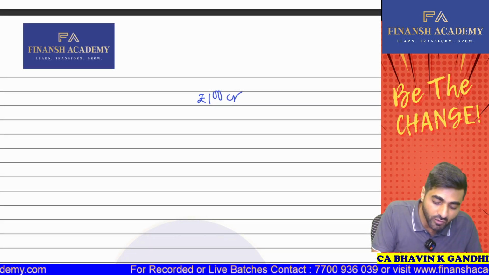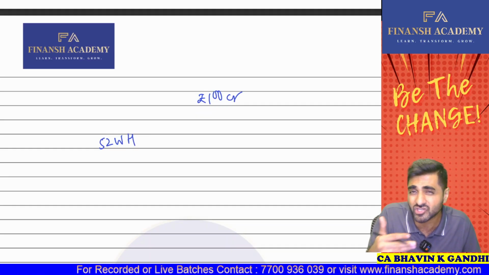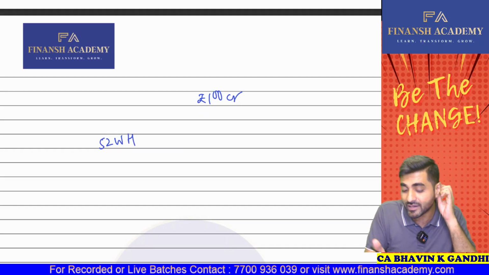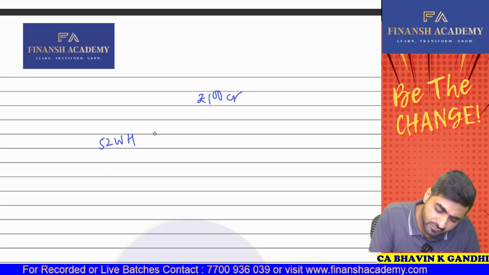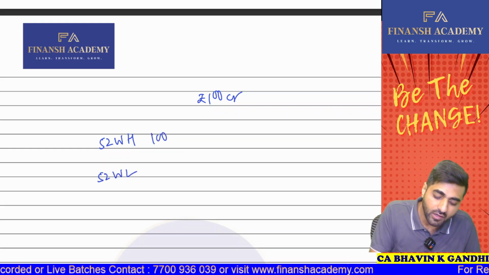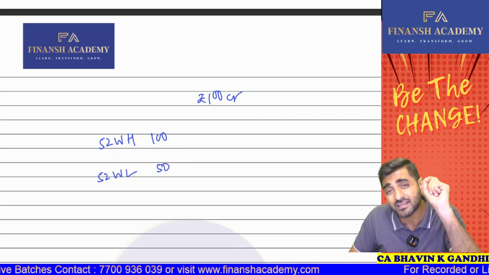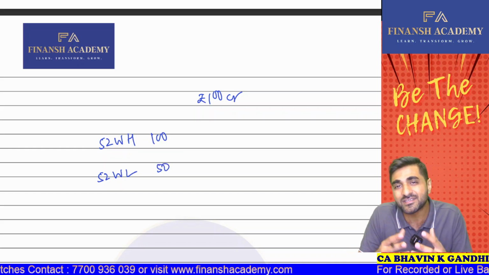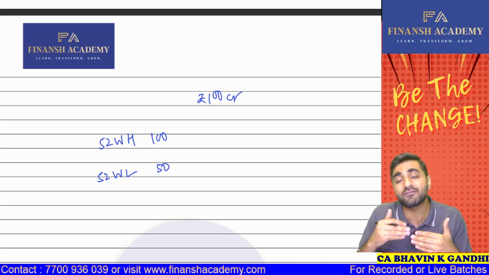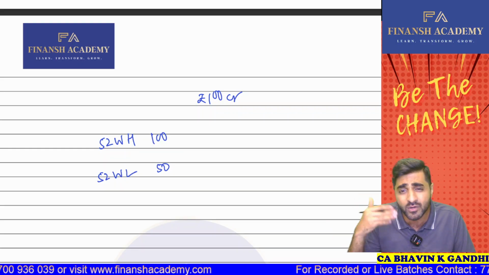The 52-week high share price of the acquiring company is, let's say, 100 rupees, and the 52-week low price is, let's say, 50 rupees. Now you are a shareholder of the target company. If you want to see what the number of equity shares issued by the acquiring company to the shareholders of the target company should be, how will you do that?